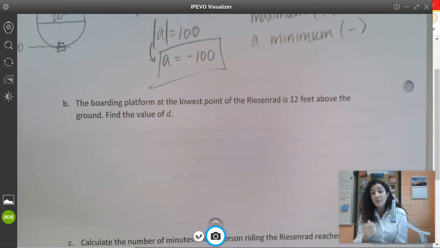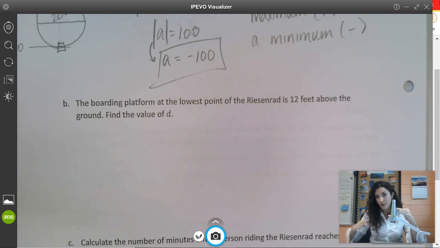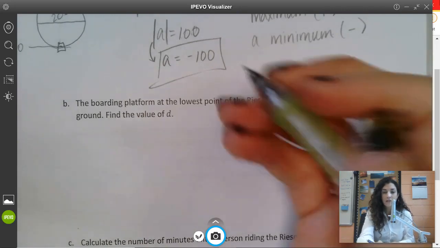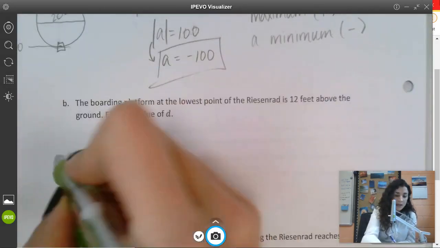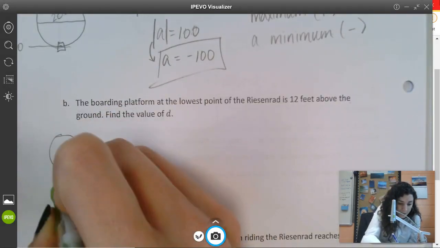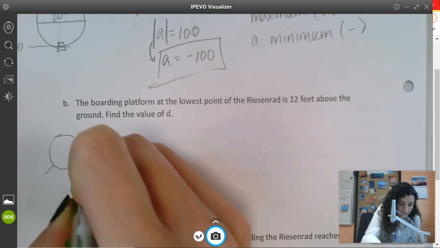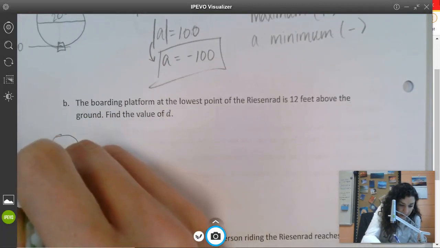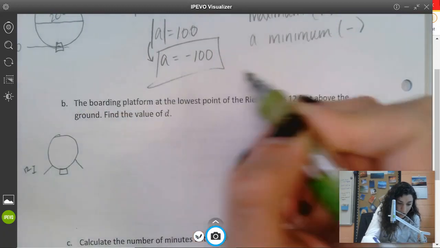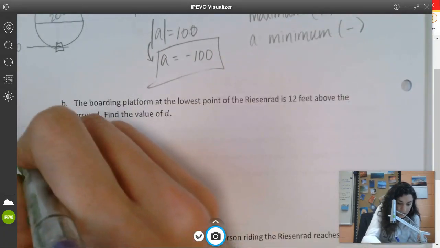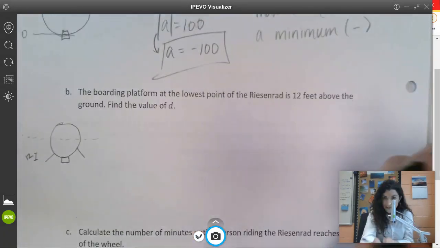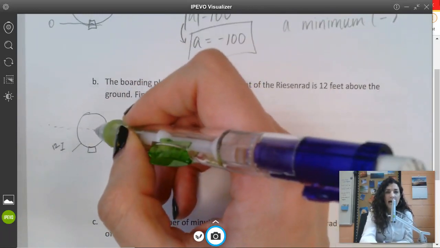It says that the boarding platform at the lowest point of the Ferris wheel is 12 feet above the ground, which means you have to get on stairs in order to get to that platform, which we've all experienced. So we need to find the value of D. What that means is we've got this platform that's 12 feet tall, and our principal axis is talking about going halfway up.